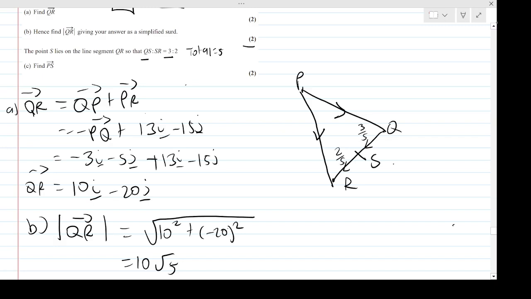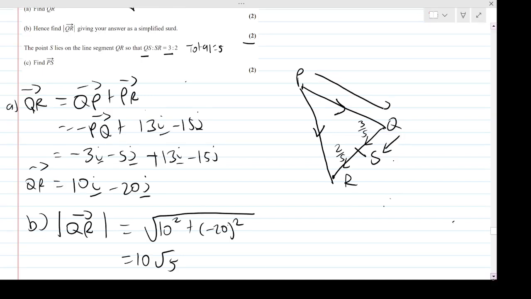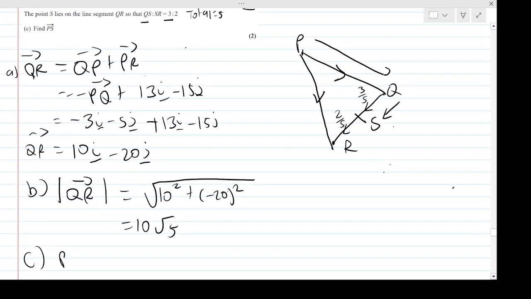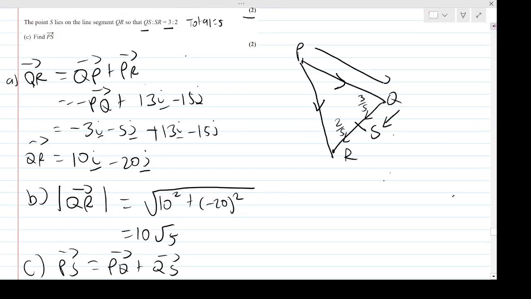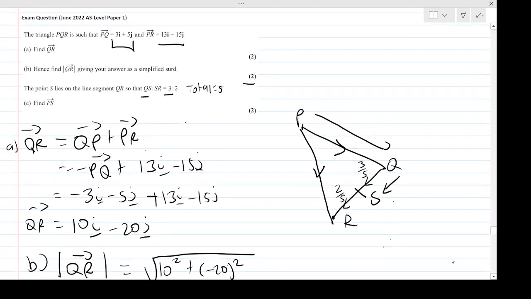Now it's asking to find P to S. So P to S would be that vector there. I can't find that directly, so I need to find another path. Well, I can go from P to Q and then Q to S. So PS is also PQ and then Q to S. PQ I'm given in my question to be 3i and 5j.